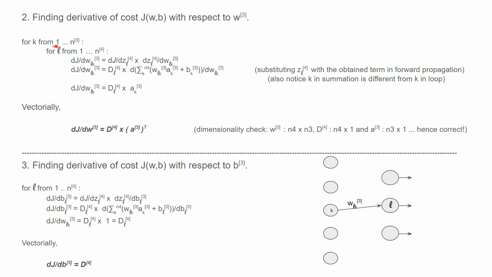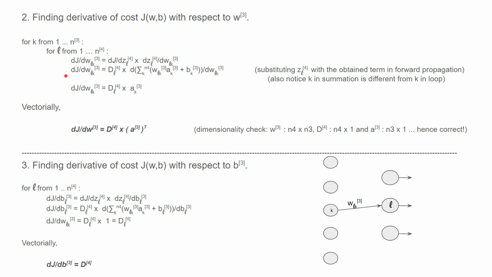For k from 1 to n3 and for L from 1 to n4, dJ by dWLk equals dJ by dzL into dzL by dWLk. Here we are simply using the chain rule, breaking the derivative of dJ by dWLk into dJ by dzL into dzL by dWLk.